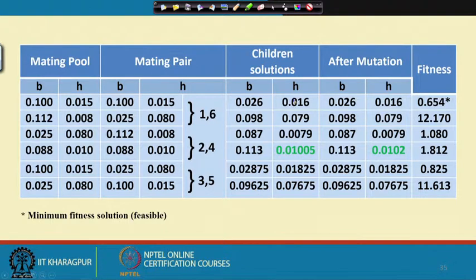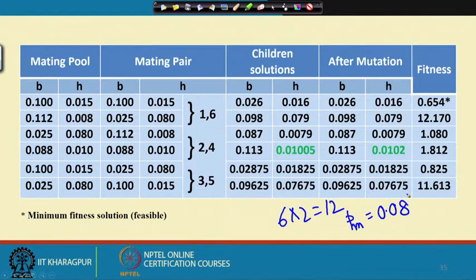So, 6 multiplied by 2, that means there are 12 such numerical values. Now, we will have to concentrate on the probability of mutation.